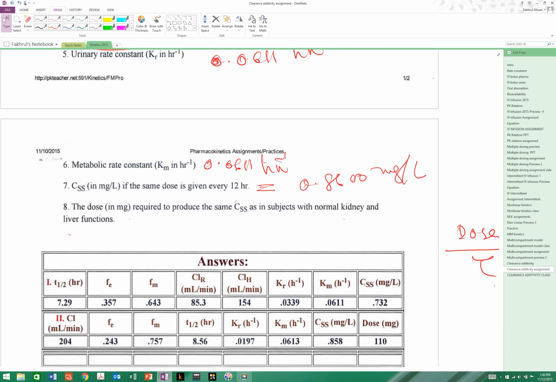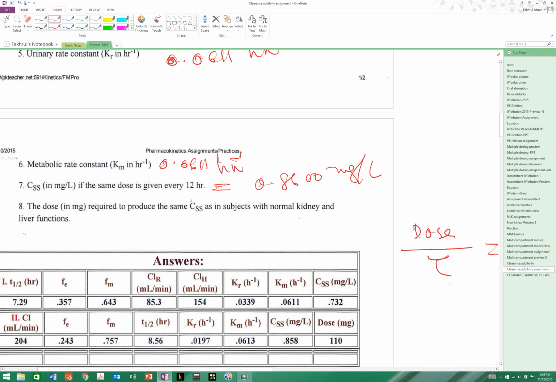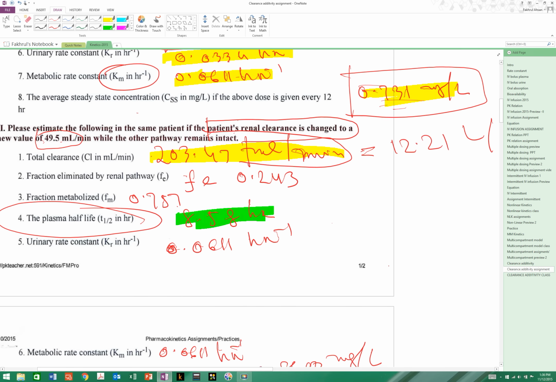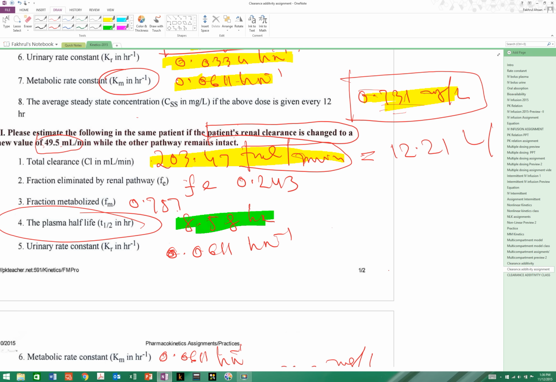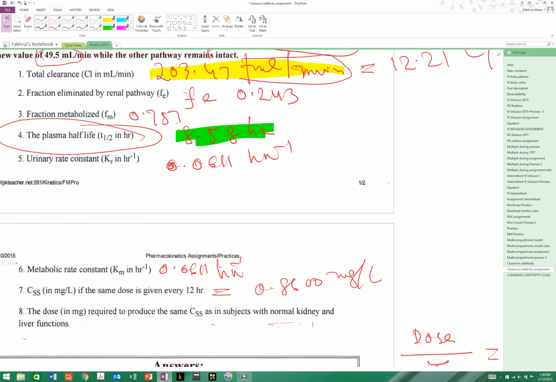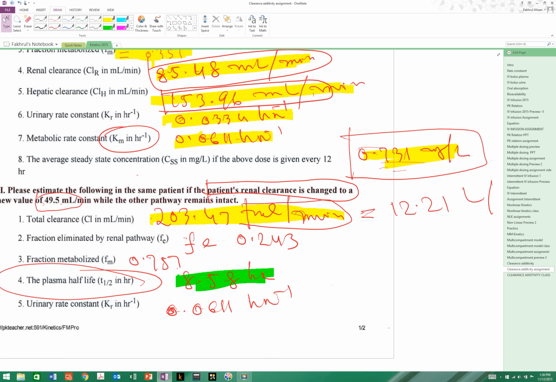So for the dose required to produce the same CSS as in subjects with normal kidney function, in this case when clearance has gone down, the average steady state concentration, C average, CSS is 0.86, and going back, C average is 0.731.